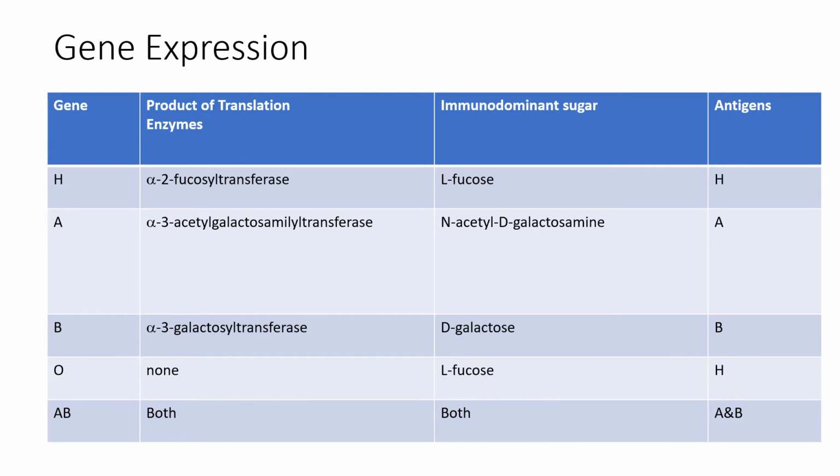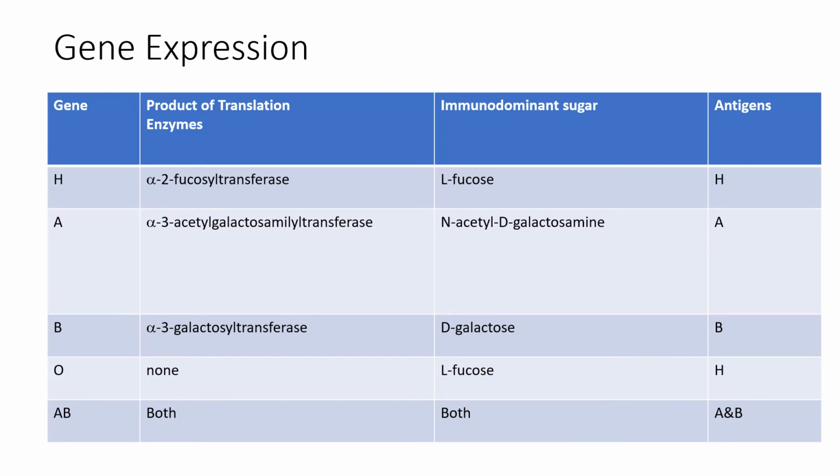The A gene produces alpha-3 N-acetylgalactosaminyltransferase and the immunodominant sugar is N-acetyl-D-galactosamine. This is the A antigen. The B gene produces alpha-3 galactosyltransferase, so the immunodominant sugar is D-galactose and the antigen is B. The O gene produces no enzyme, so the immunodominant sugar is the L-fucose, and this is the H antigen.